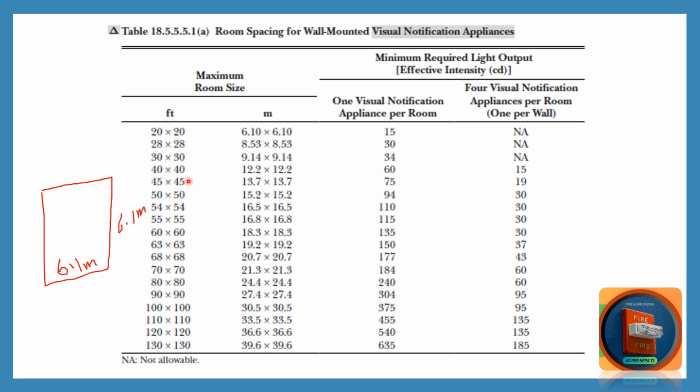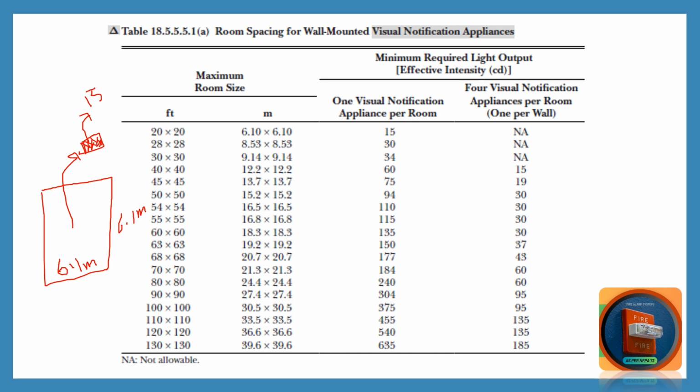So our room dimension matches this maximum room size. We can consider one visual notification appliance per room. So a 15 candela rating can be placed for this entire room. So the strobe can be 15 CD rating.